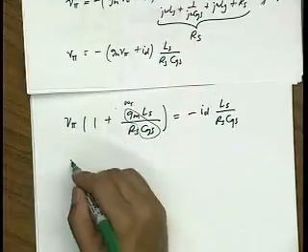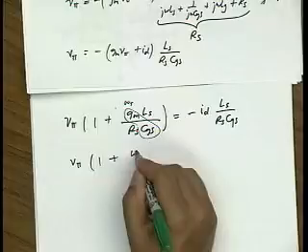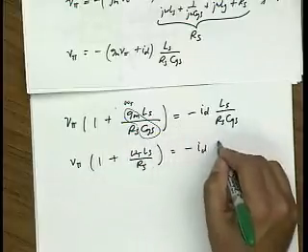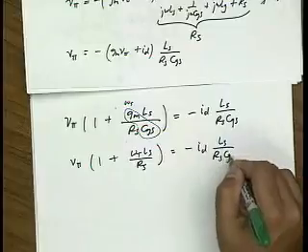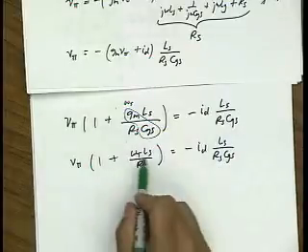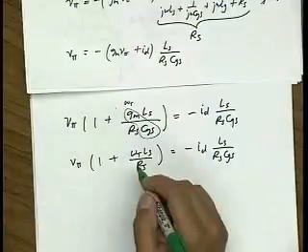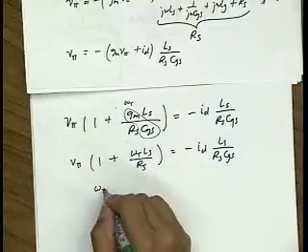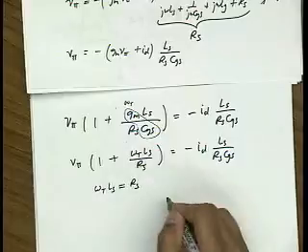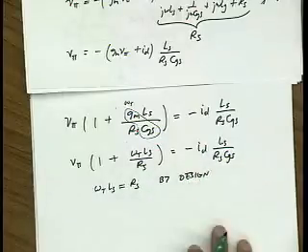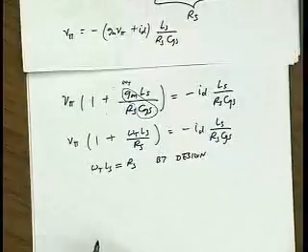So this is V pi times 1 plus omega t Ls over Rs is minus I drain Ls over Rs Cgs. And what's omega t Ls? That's Rs, right? So by design, I select Ls to satisfy this equation to give me an input match.